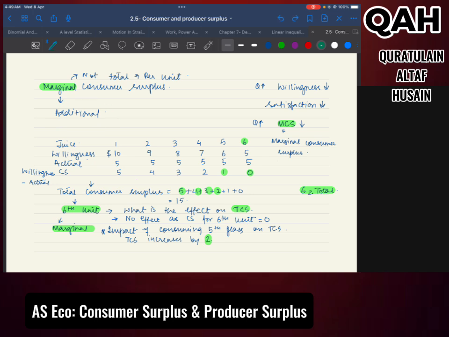Surplus derived after consuming an additional unit. And we need to understand that willingness to pay declines as you keep consuming more of a good. For example, glasses of juice. So if you are drinking the first glass, if you're very thirsty, you will be willing to pay a higher price.